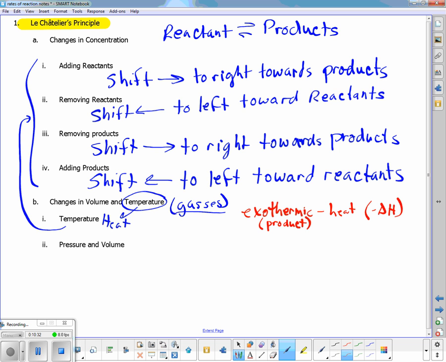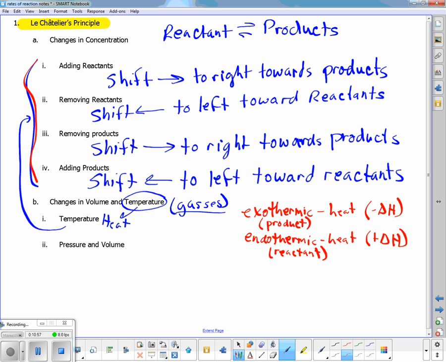Okay? If it's endothermic, where would heat be? Reactant side, good. So it will follow this up here if you know what the heat is. If it's a reactant or a product, it will follow what we just talked about.